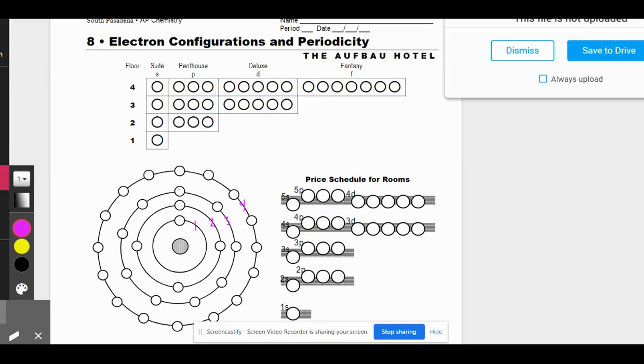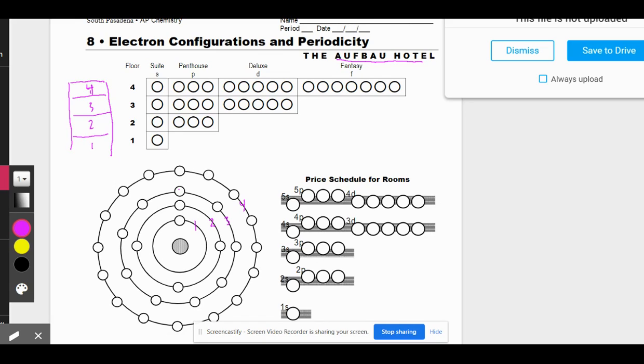Okay, so in our Aufbau hotel, we have different levels of our hotel. There are 4 levels. It actually goes up to 7, but for this hotel, this one just has 4 levels to it. Okay, so energy level 1, 2, 3, and 4. And among those levels, we have various priced packages.